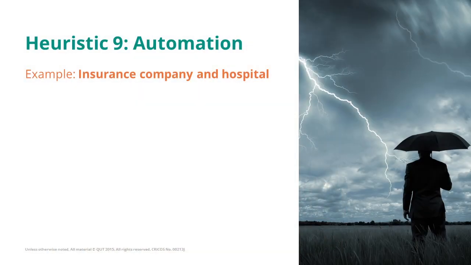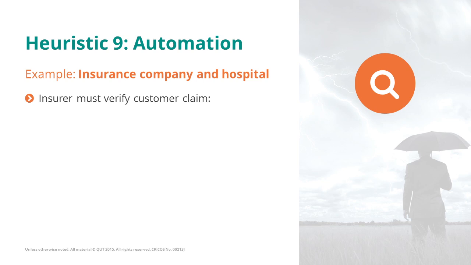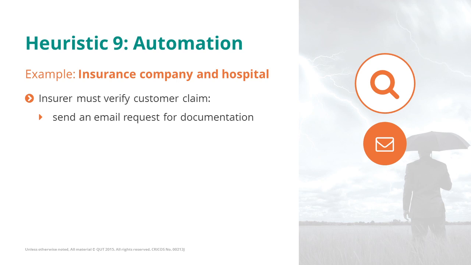Like, for example, consider the case where we have an insurance company needing to communicate with a hospital in order to verify certain claims that customers are making. We could have the insurance company sending a request, for example, via email to the hospital for some documentation to confirm a certain medical condition, and then having the hospital reply eventually to that email.